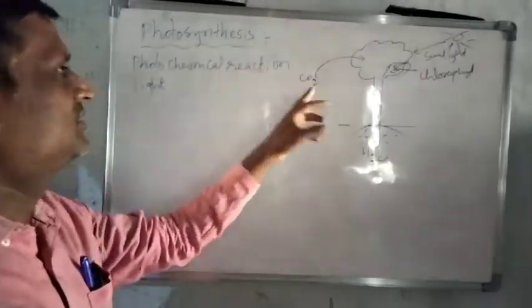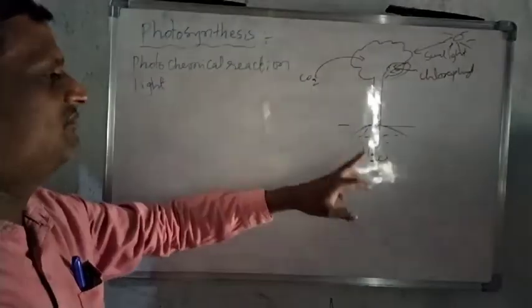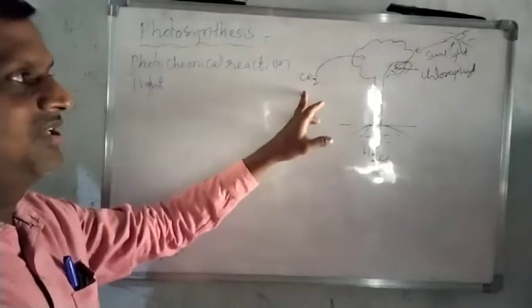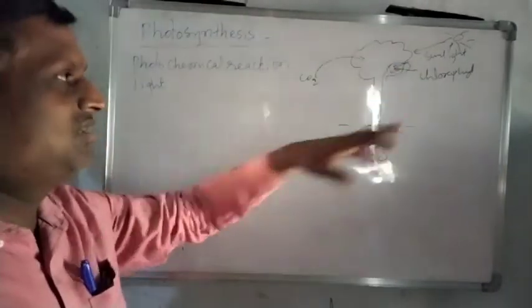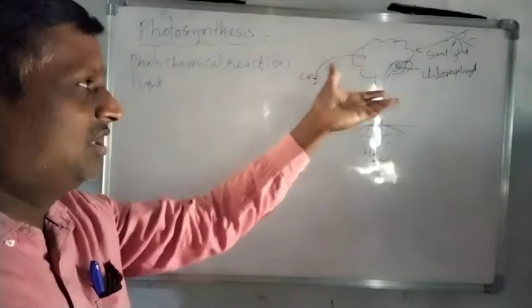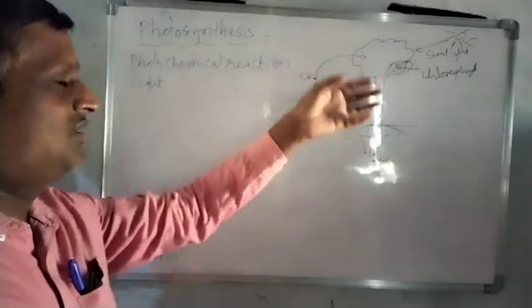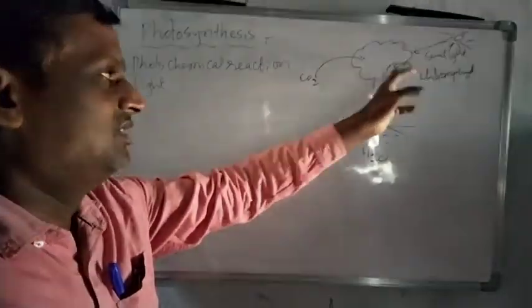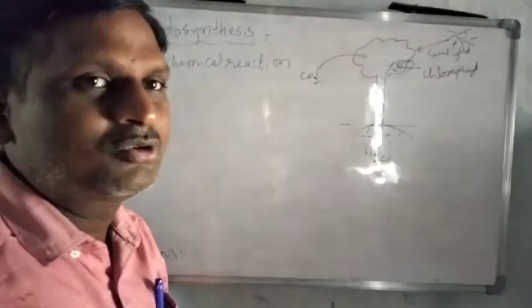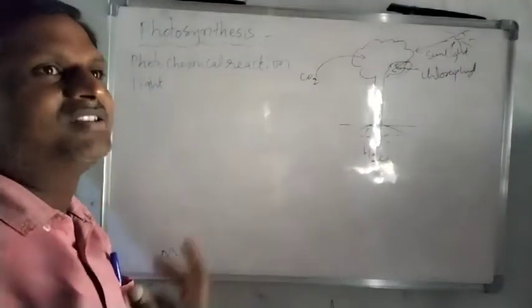What chemical reaction? Carbon dioxide, CO2, and water, H2O, and chlorophyll, which consists of a magnesium ion. All these chemicals are associated in the presence of sunlight in the leaf and prepare the food.